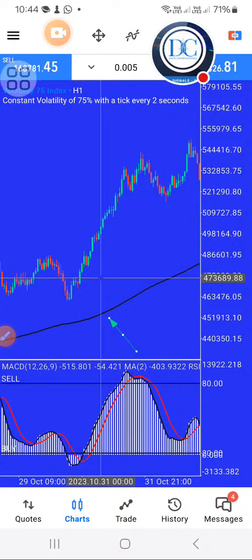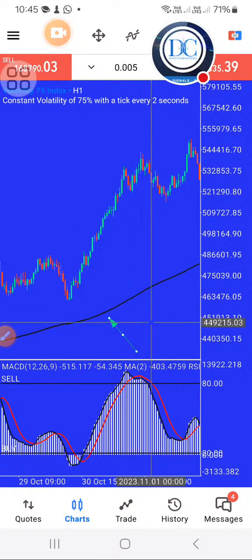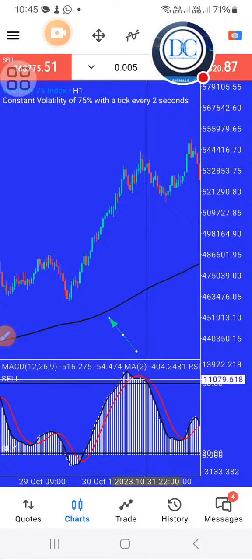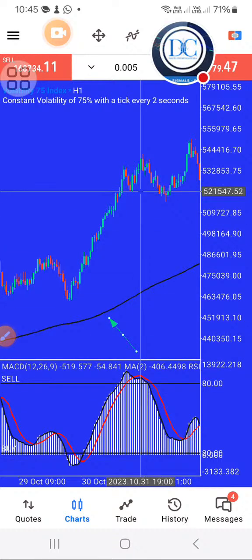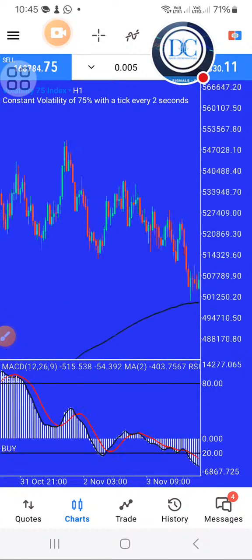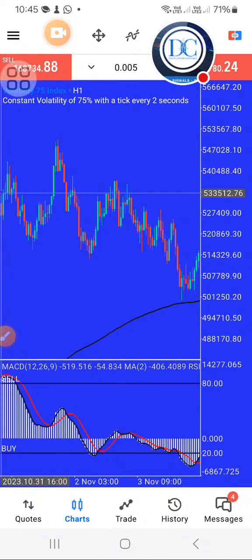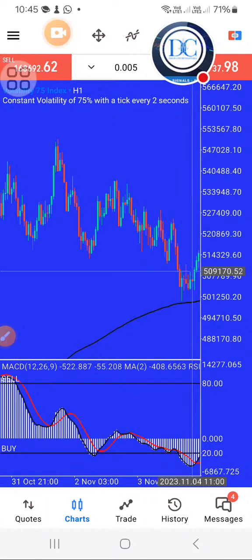So I'm saying that this will be ideal. You need to wait for the crossing here that took place. Wait for price to reach overbought. If there's a crossing, exit that position. Because in most cases, after that has taken place, you see after this, price started to drop and move downwards.